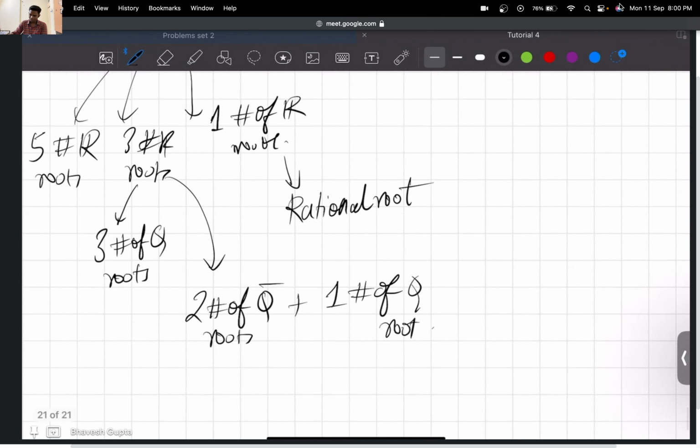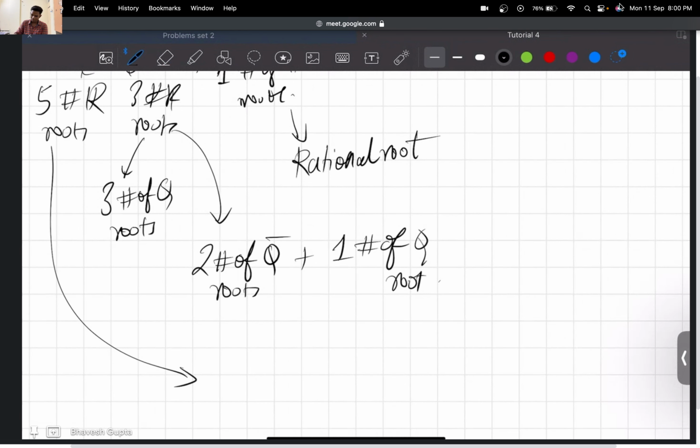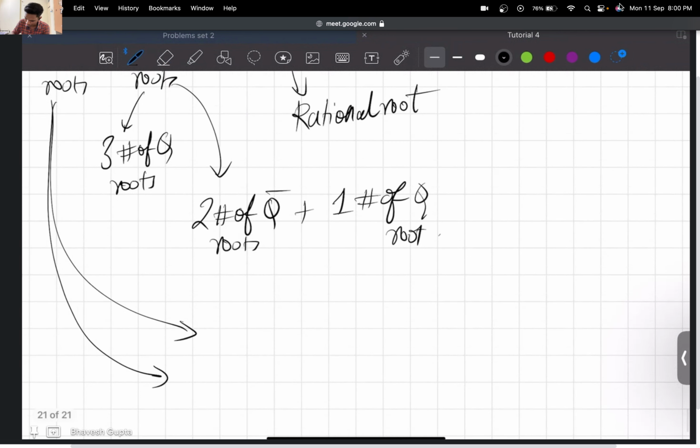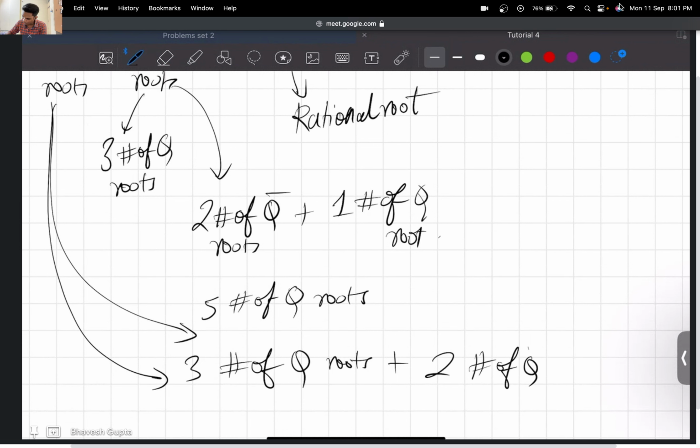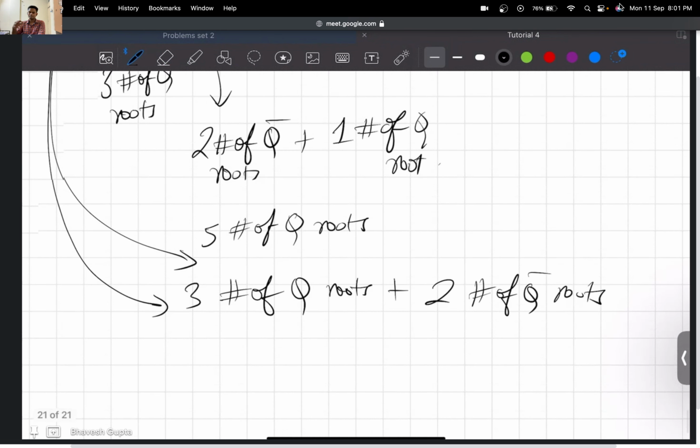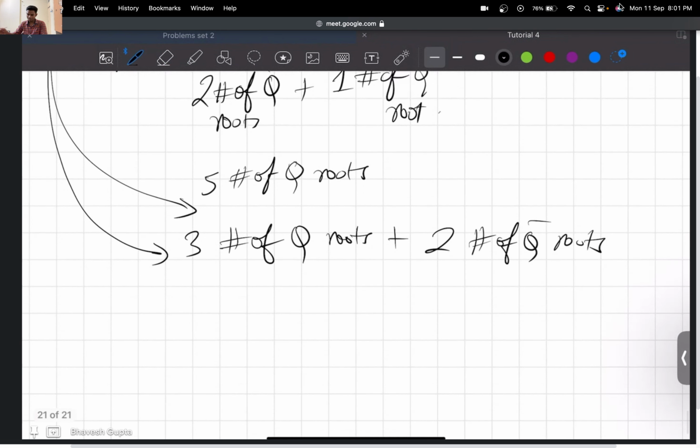And in the case of 5, you have the possibilities of 5 rational roots. And the other possibilities you can see here are 3 rational roots plus 2 irrational roots, right?